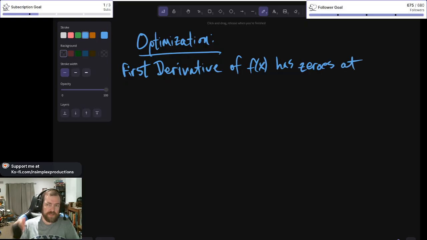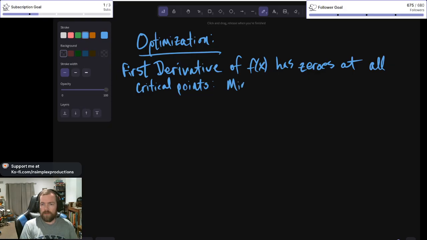And it's going to have zeros at all critical points. Now these critical points come in three varieties.